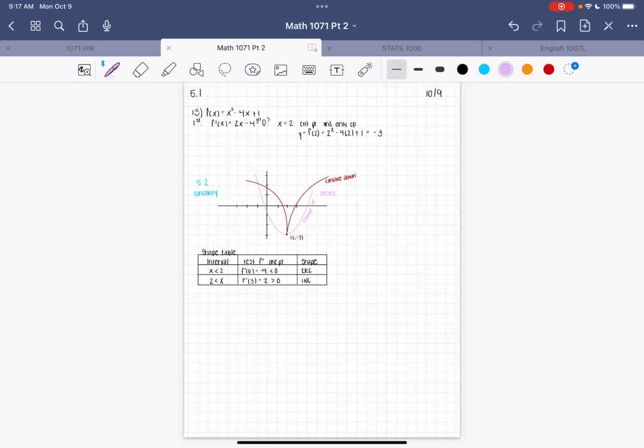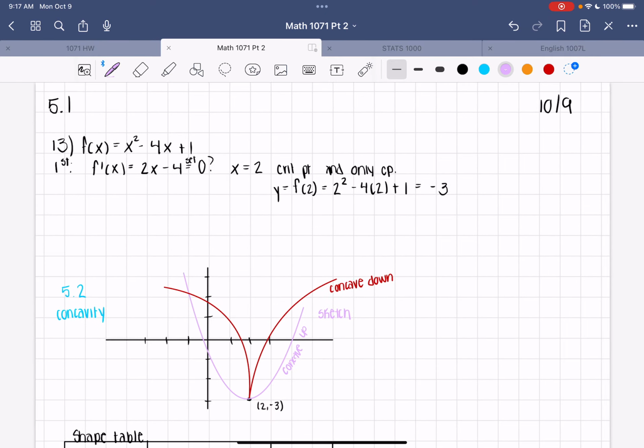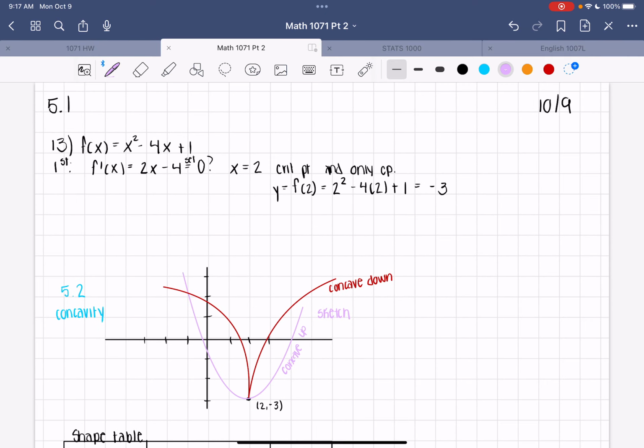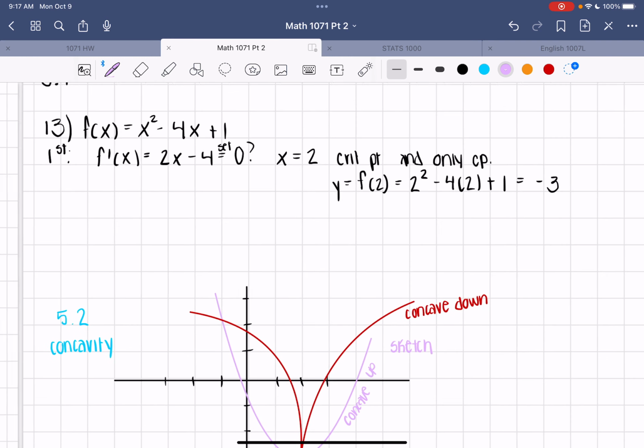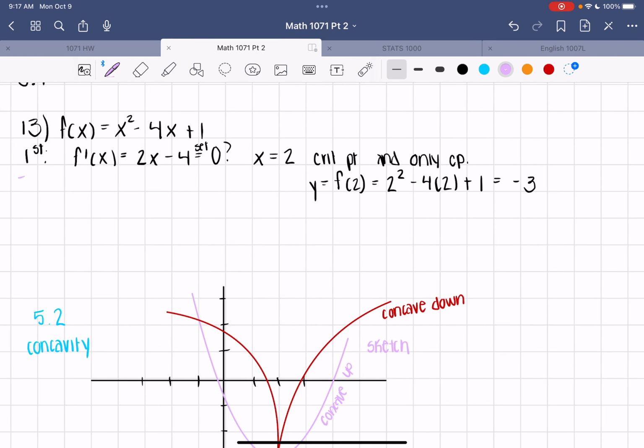I've already done the work. I suppose I could tell you, we're right here. The way in 5.2 we'll determine what the concavity is by taking the second derivative. What's the second derivative?